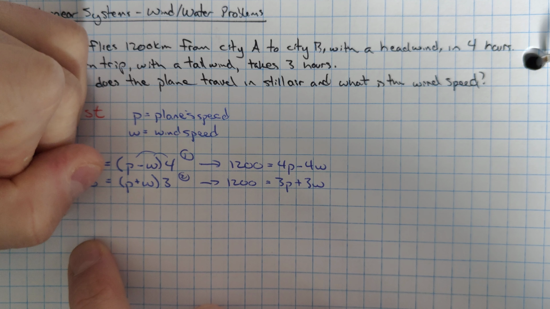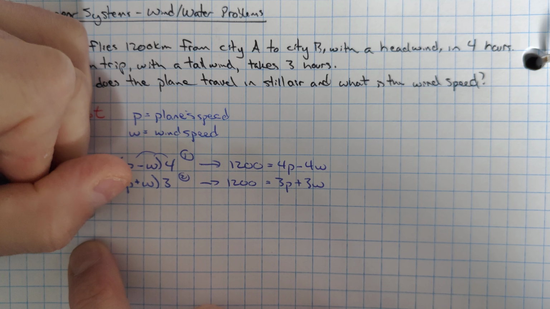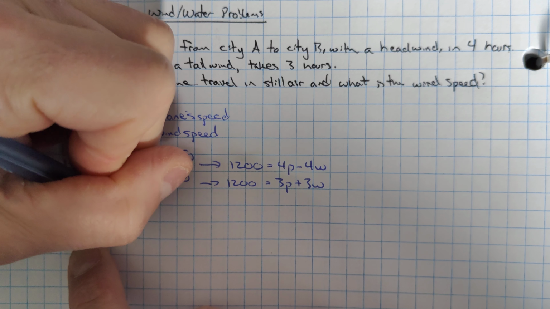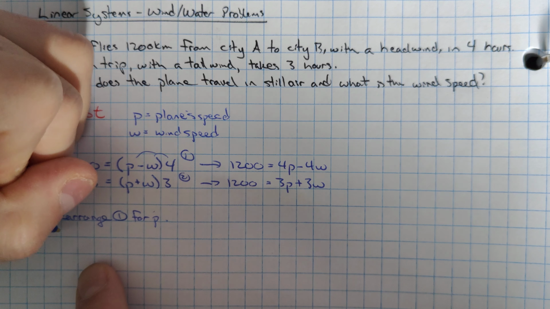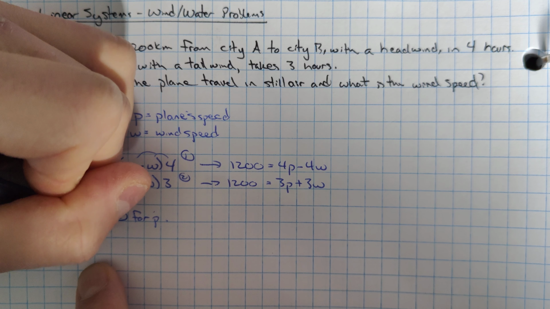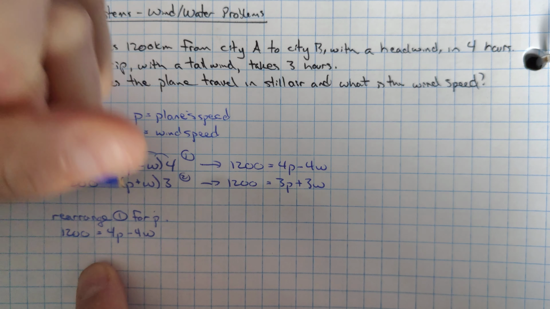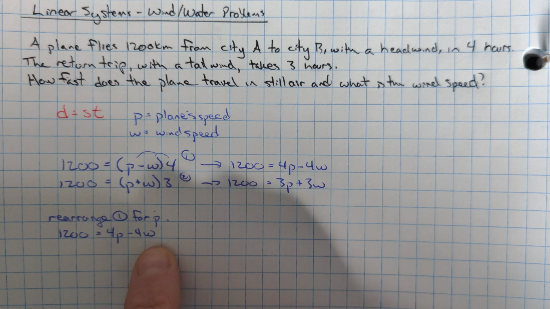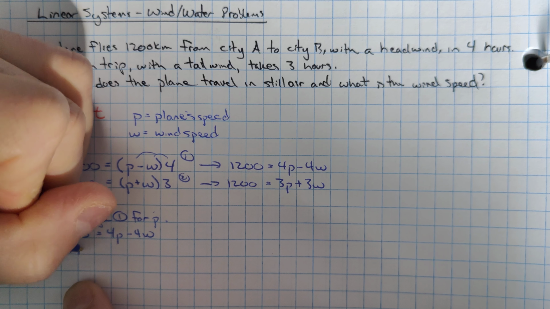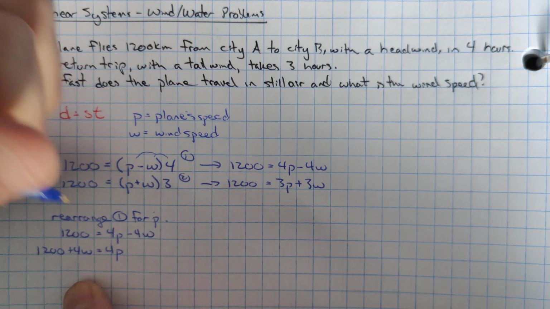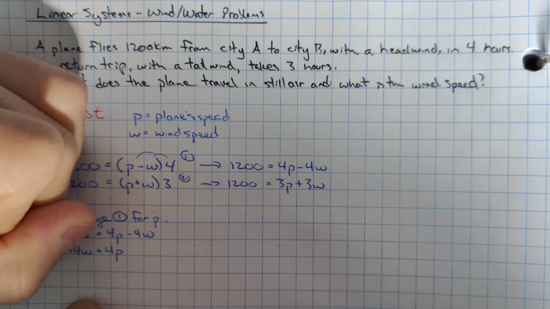So first, we're going to rearrange equation 1 for P. So we're going to take this first equation here, 1,200 equals 4P minus 4W. And we're going to get P isolated, so we're going to move the 4W over. We get 1,200 plus 4W equals 4P. Divide both sides by 4.